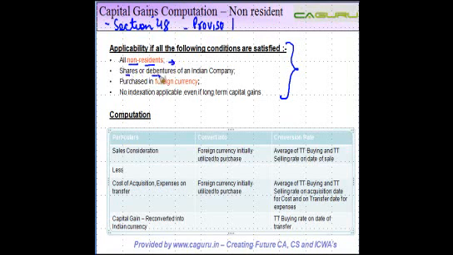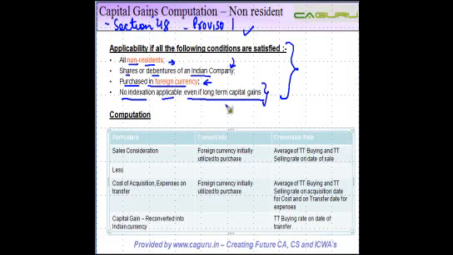He purchases shares or debentures of an Indian company, so units of UTI or mutual funds are not covered. The Indian company can be listed or unlisted. The purchase has to be in foreign currency. If you purchase it in Indian currency, this proviso is not applicable. And the last thing, no indexation is applicable even if it is long-term capital gains.